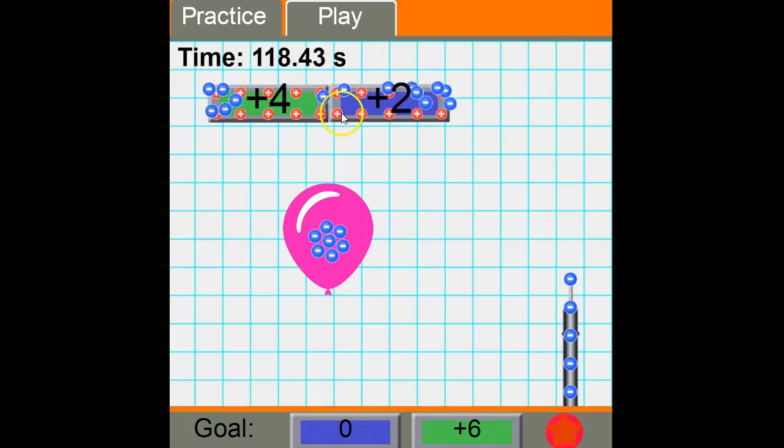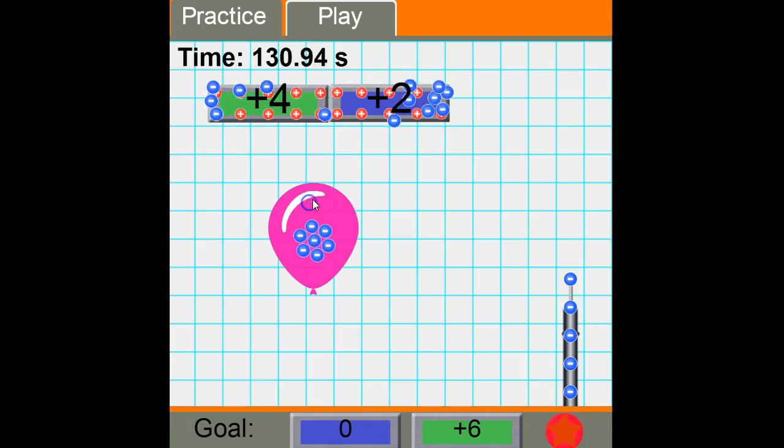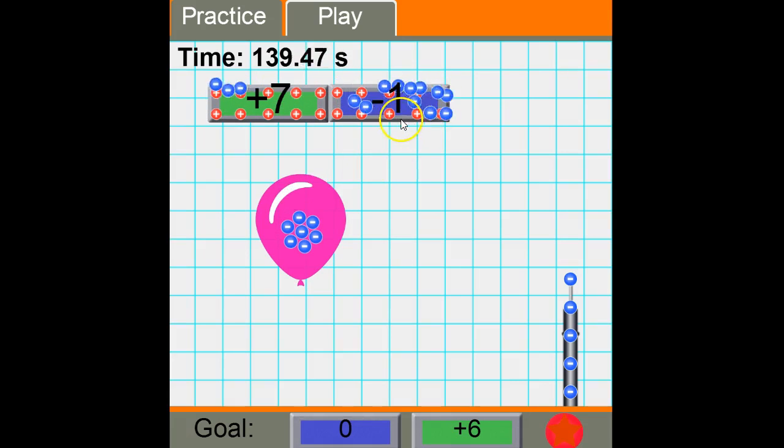When it gets to that match, the goal that we've got at the bottom brightens up a little bit. And then we've got to separate the charges at that moment. It's not quite there. Almost there.